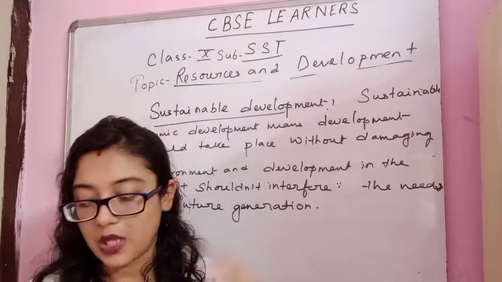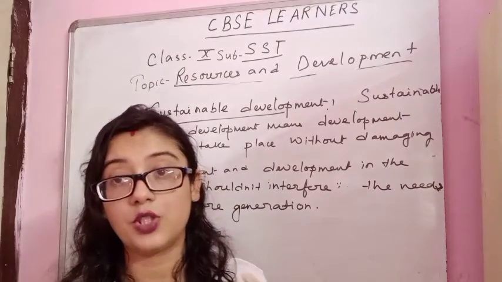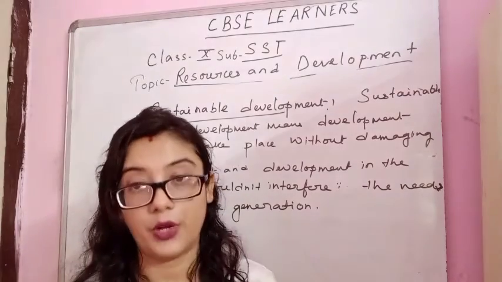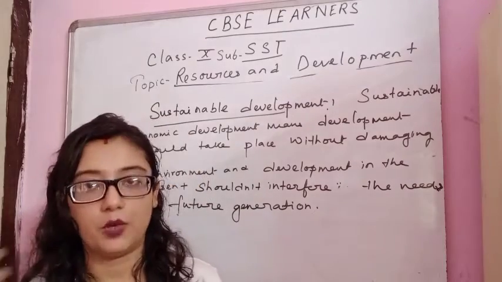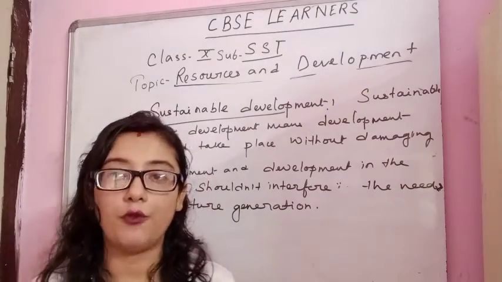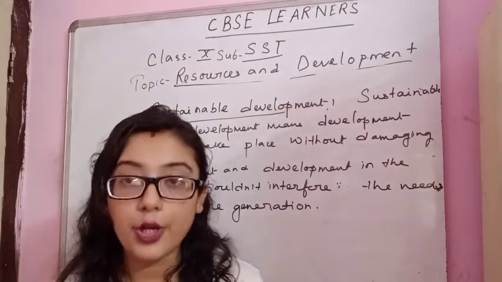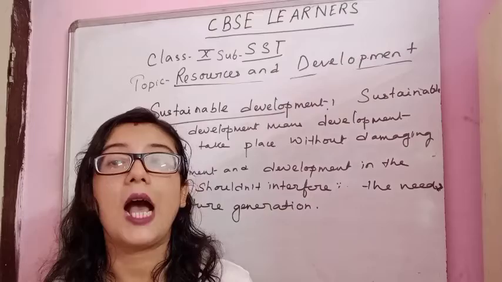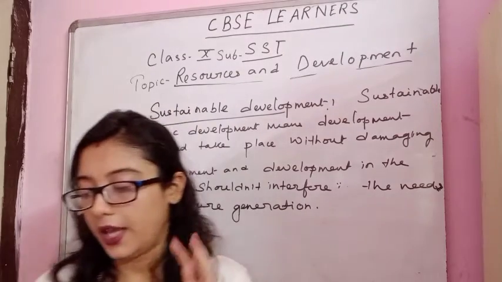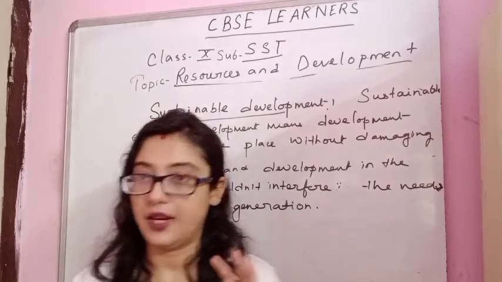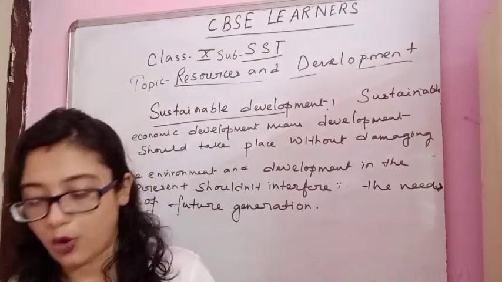We will read here: the summit was convened for addressing urgent problems of environmental protection. The question can come, what was the aim of the first International Earth Summit, the Rio de Janeiro Earth Summit, which happened in 1992? You can write the aims of the Earth Summit 1992 as follows.